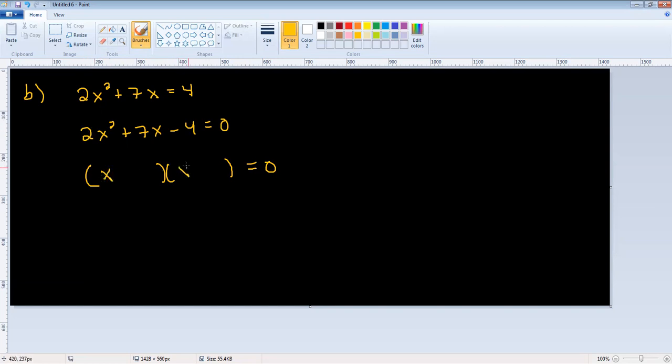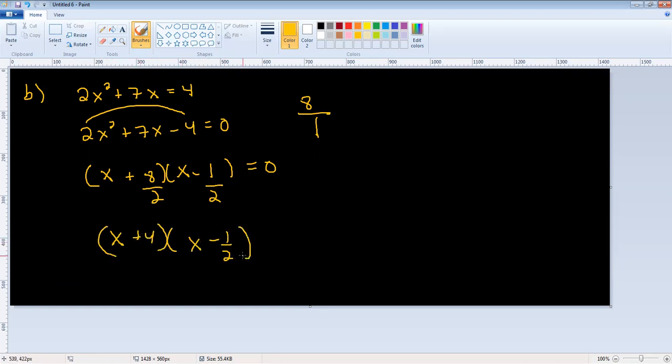So what you do is you say 2 times 4, that's going to be 8. Then you say 8 and 1, and we can say a plus 8 and a minus 1 right here. We can divide by 2. So this is an x plus 4. This is also an x with a 1/2. So you just take the opposites of these, x equals -4 and x equals 1/2, and then there it is.